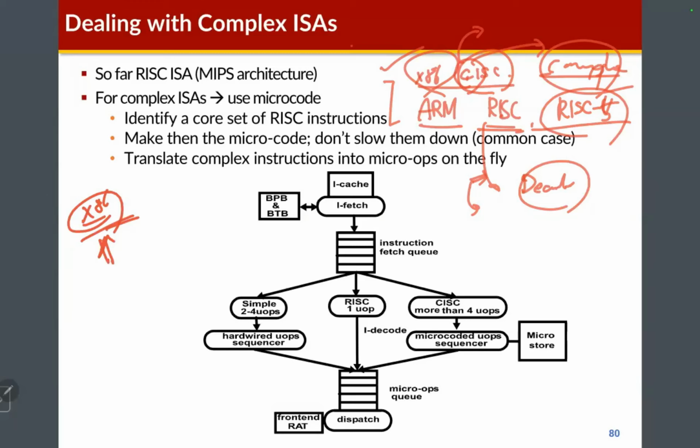So the x86 includes very inefficient instructions from the old age, but Intel or AMD cannot abandon them in order to support backward compatibility. So the x86 instructions are very dirty, but our modern processor also needs to support this very complex and dirty instruction set.